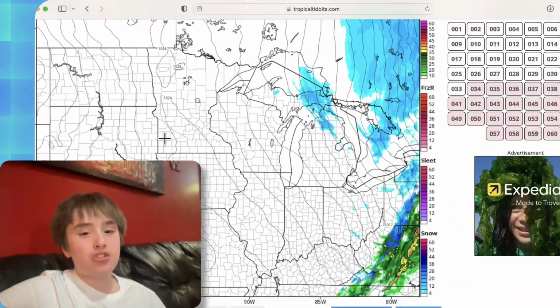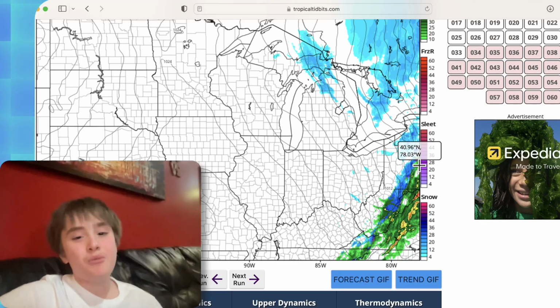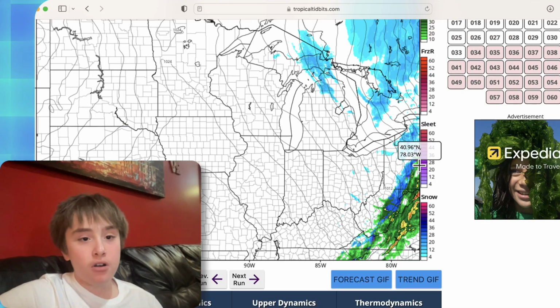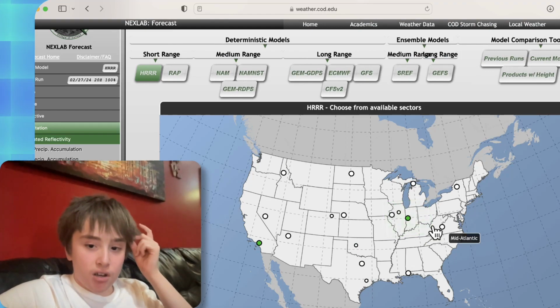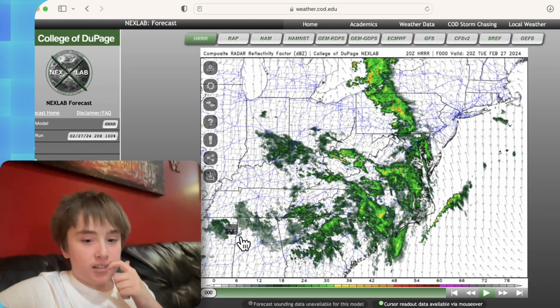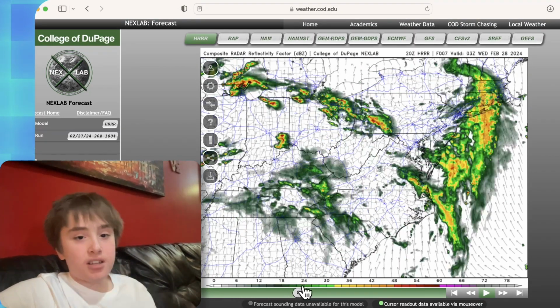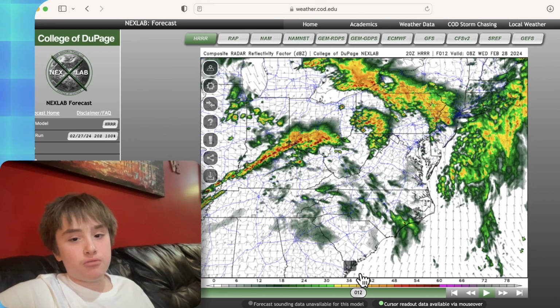I can show the HRRR too, but really it's just going to say the same thing about the snow part. I believe it is anyways. Let's look at it. Here we have the HRRR anyways. You can see it doesn't actually show any snow. It just shows the moisture.